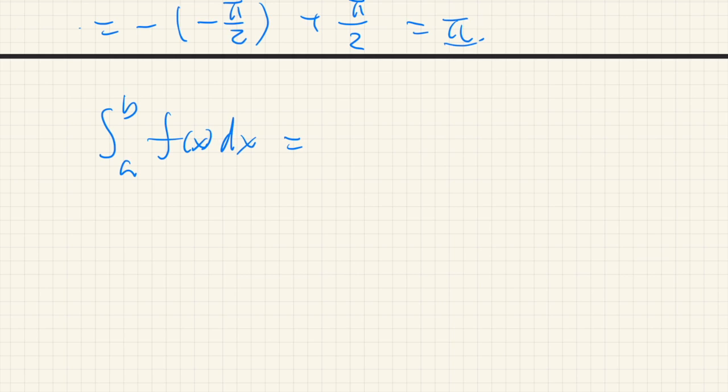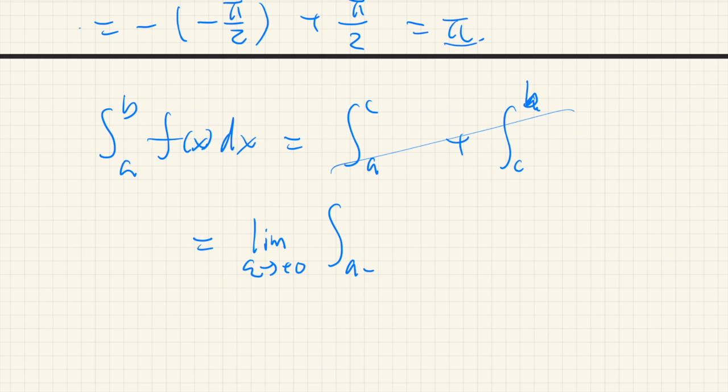Instead of splitting this into two parts, from a to c and c to b, don't do this, with a single limit as epsilon goes to 0 from the right of the integral from a plus epsilon to b minus epsilon of f of x.